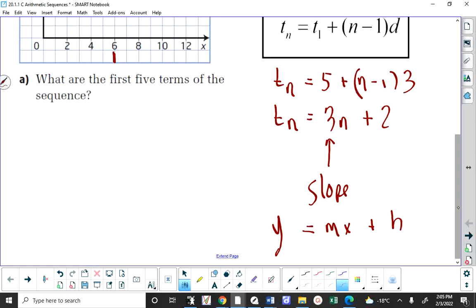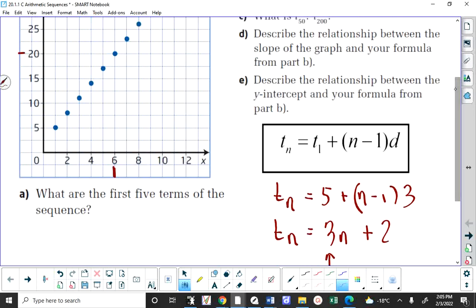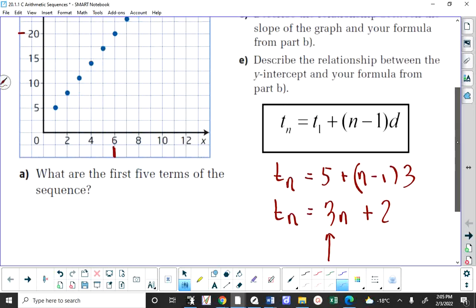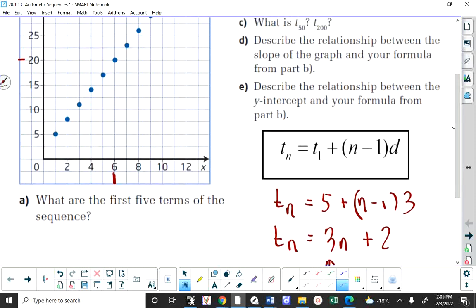Question E is saying, what's the relationship between the y-intercept of this graph, which I think is kind of a bogus question, because there is really no y-intercept of this graph, is there? Because n can't be 0.